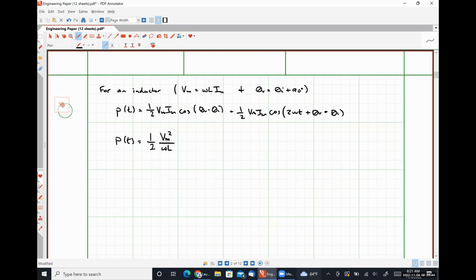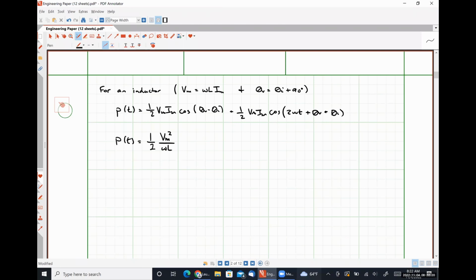So if theta V is equal to theta I plus 90 degrees, theta V minus theta I is theta I plus 90 degrees minus theta I. The theta I's cancel each other out, and we're simply taking the cosine of 90 degrees. What's the cosine of 90 degrees? 0. So that tells us that there is no DC part of the instantaneous power absorbed by an inductor.